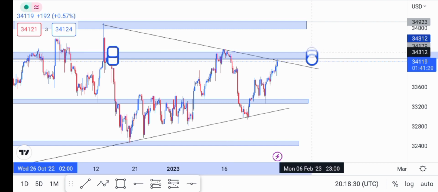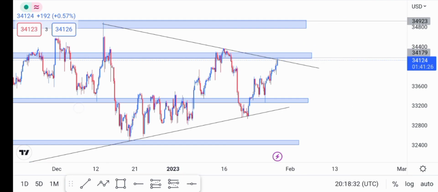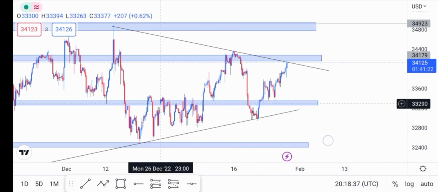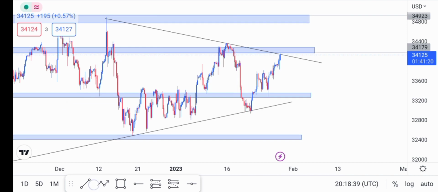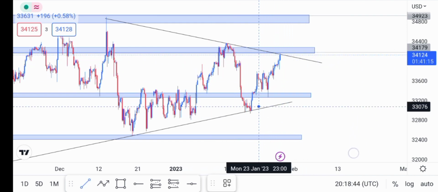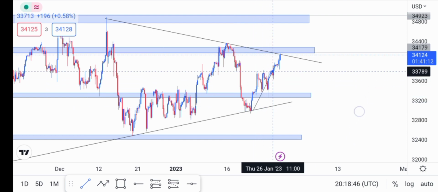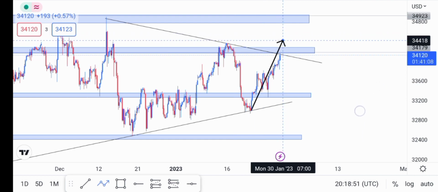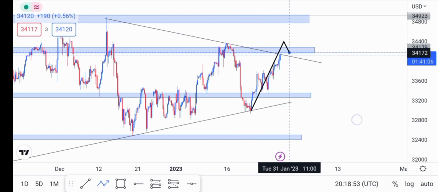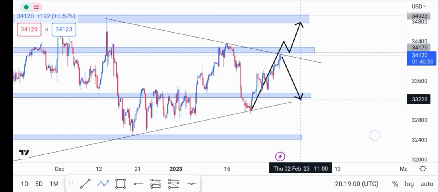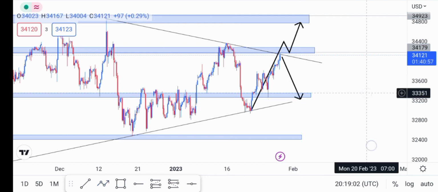As you can see, if you look starting from this point right over here by this triangle, on US30, from this point here we went up, so either we are going to break out of this triangle, do a retest right over here and keep on pushing to the upper side, or we are still going to respect this triangle as it is our third touch on the upper side.